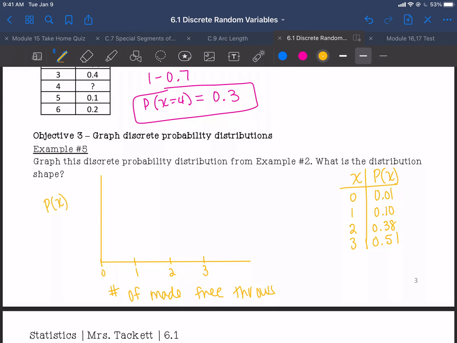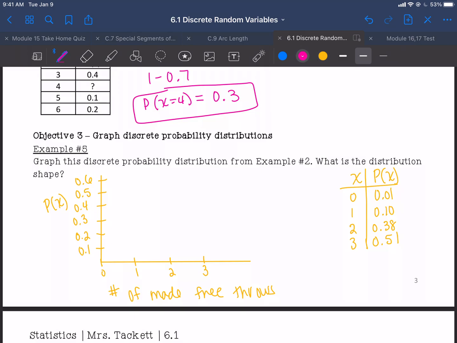And then our y-axis is representing the probabilities. I'm just going to go by 0.1, 0.2, 0.3, 0.4, 0.5, and 0.6.